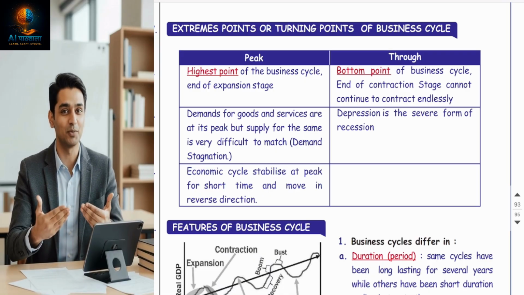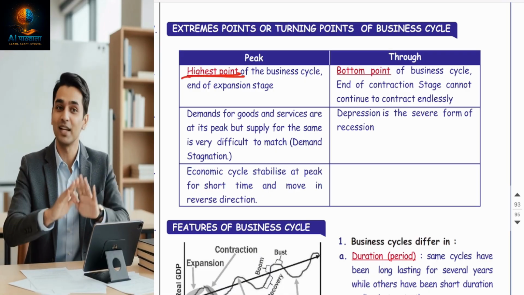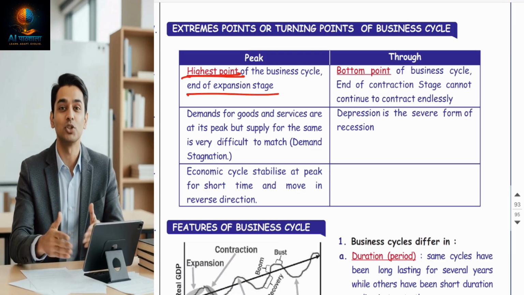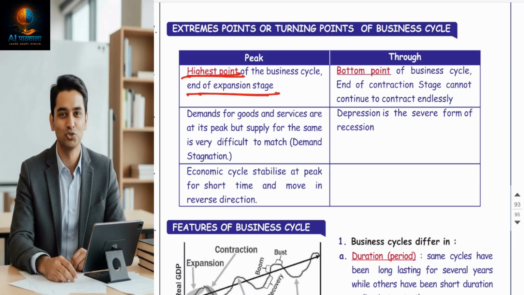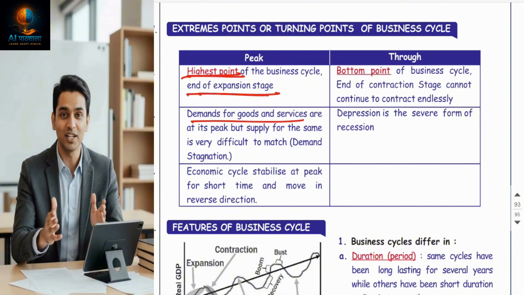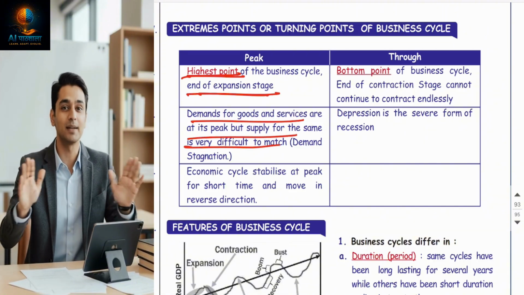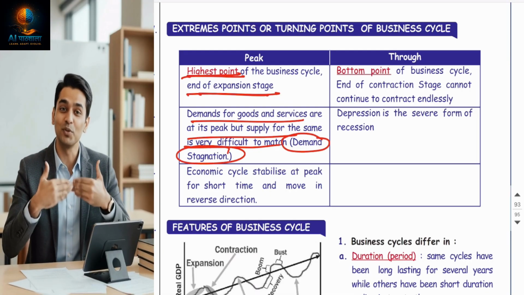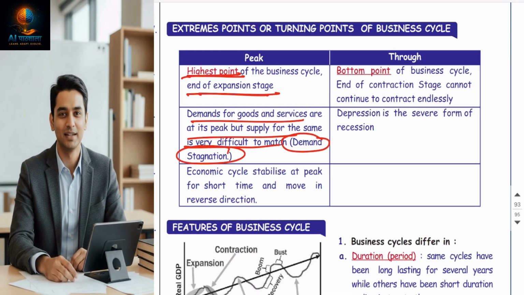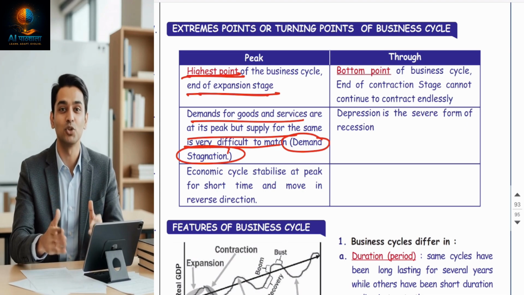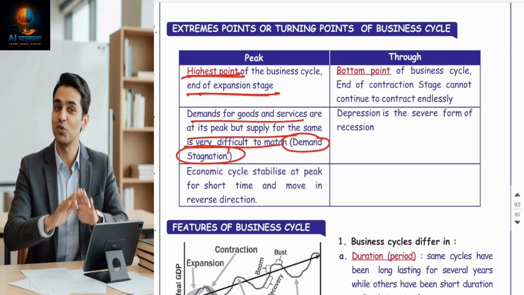Guys, peak is the end of expansion. It is the highest point of the business cycle, the end of the expansion stage where demand hits its highest point and supply struggles to catch up. So it is called demand stagnation. When supply struggles to match the demand, inflation takes place.